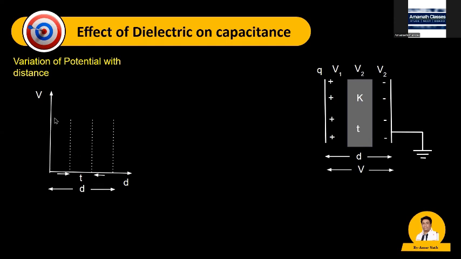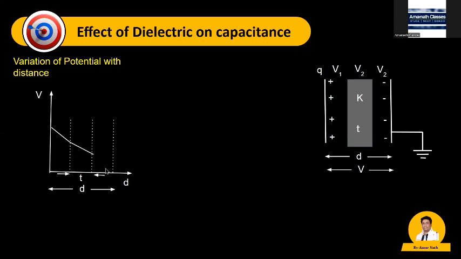So first of all, potential will drop down uniformly, like this. But in the second case, the slope will be a little less because field is less, no? Because the slope of voltage versus distance gives you the field, E equal to minus dV by dr.